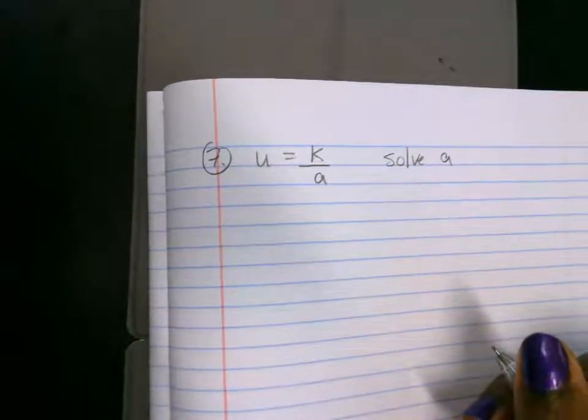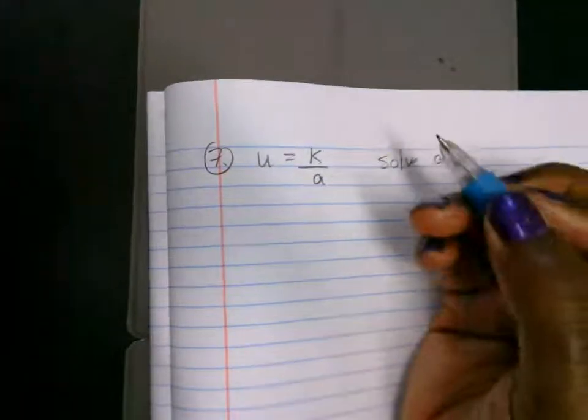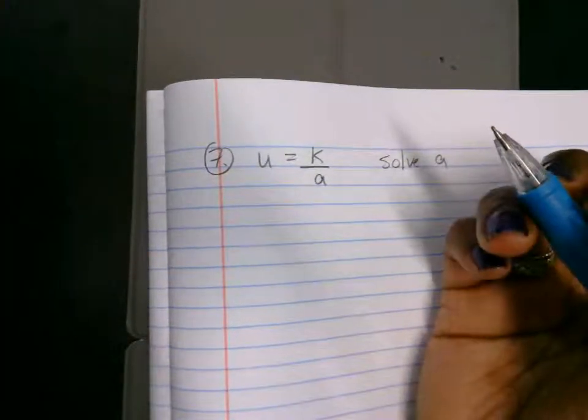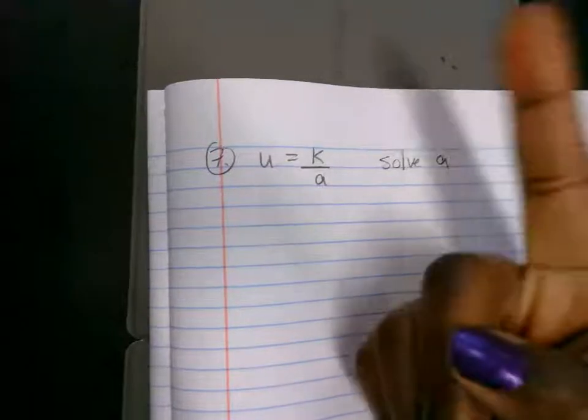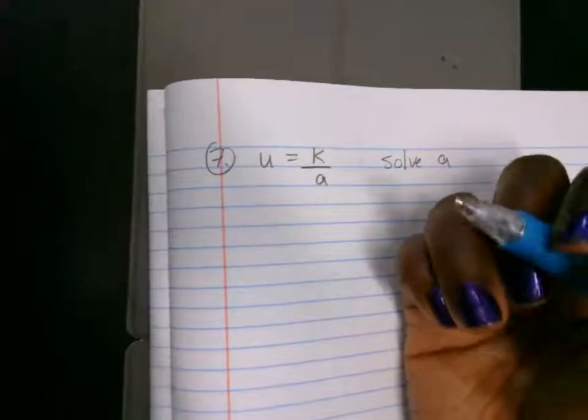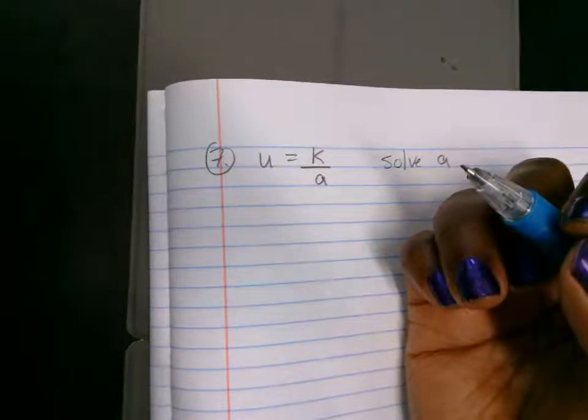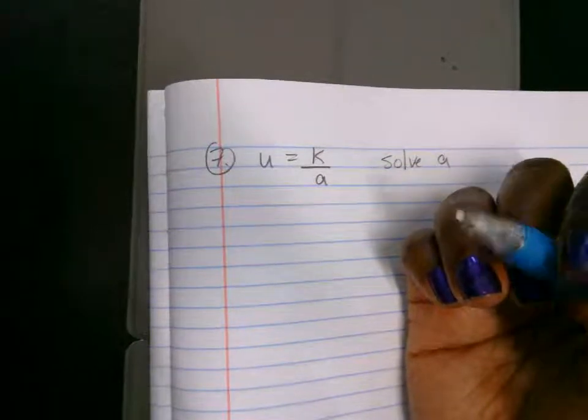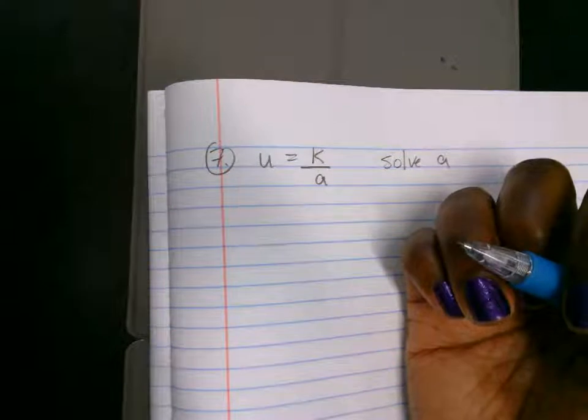You could not multiply, because that's going to make this K squared. Any other ideas? That's good though. You could multiply by the reciprocal on both sides. And what's another way?